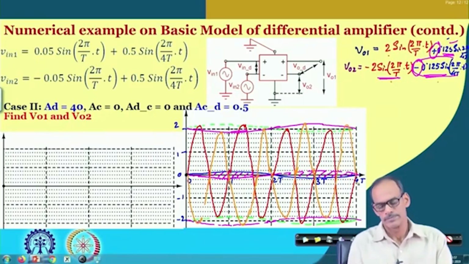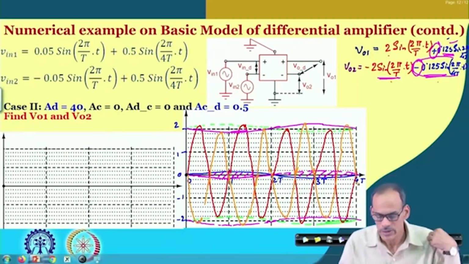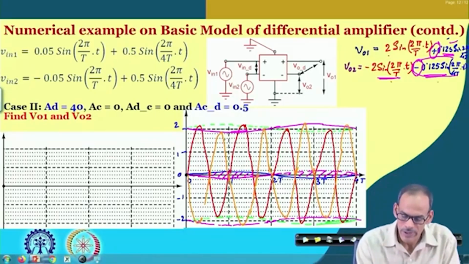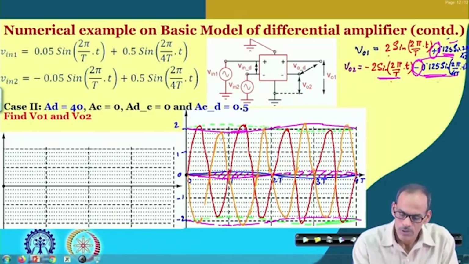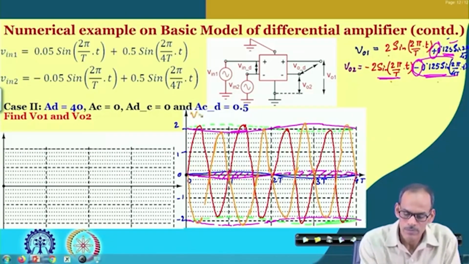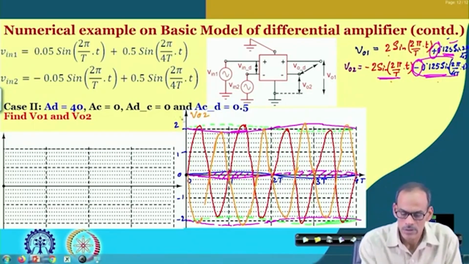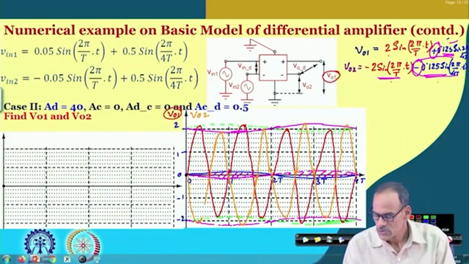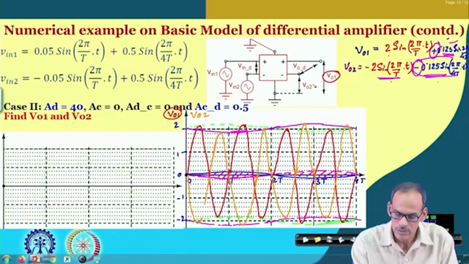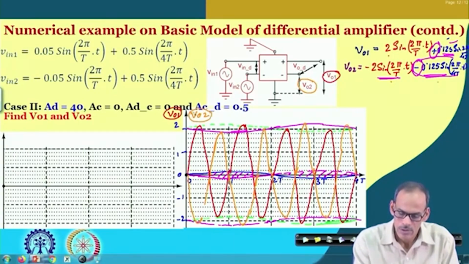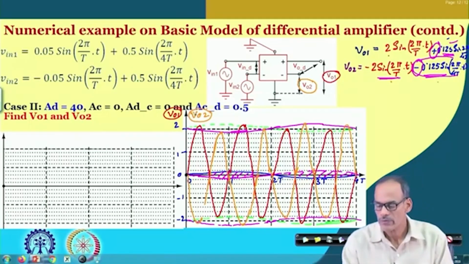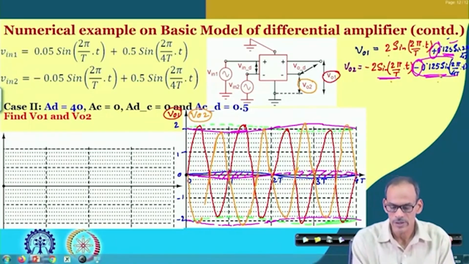There you go. What we would like to say is that if you observe carefully, the orange signal, which is VO2, and the red one, which is VO1, are getting affected by this unwanted signal.